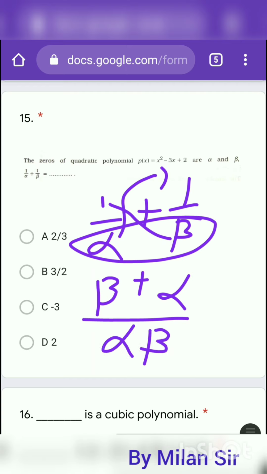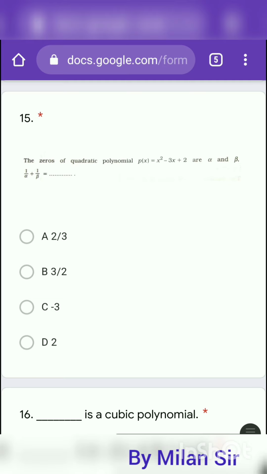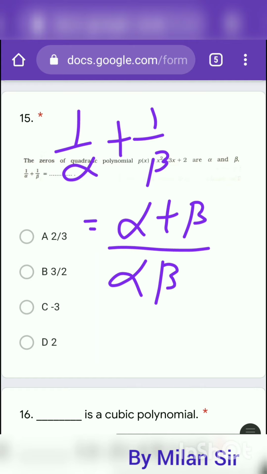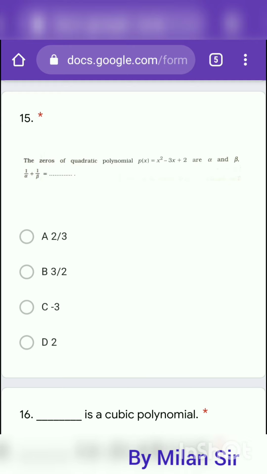So alternately it is alpha plus beta upon alpha into beta, right? Now what is the formula of alpha plus beta? Minus b by a. And what is the formula of alpha into beta? c by a. So a cuts from the denominator, so minus b upon c is the final answer, right?